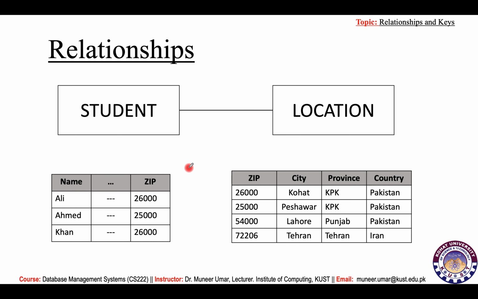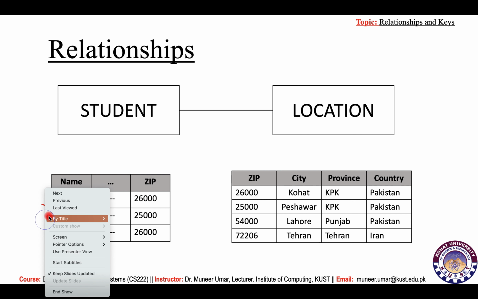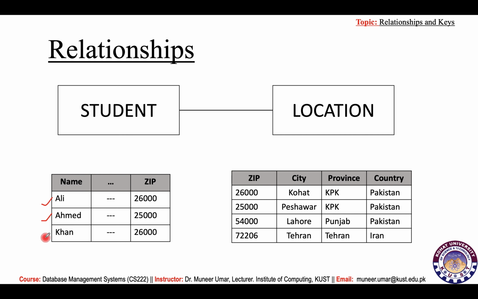We have two entity types here, student and location. Student is an entity type; we can say that it is a table. It has some attributes, and location is also a table having some attributes. So by relationship, we mean that the instances of the students are connected with the instances of the location table.